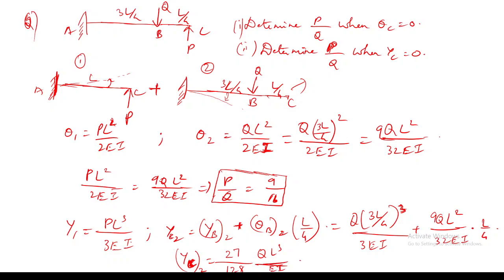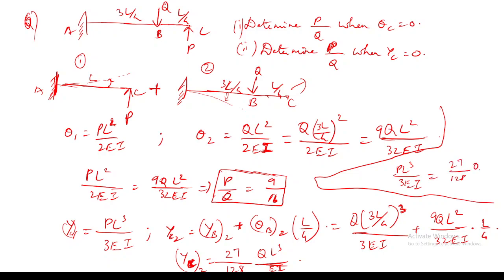So after this, I have to equate YC of 1 with YC of 2. That part I am doing here. So YC of 1 is nothing but PL cube divided by 3EI, which equals 27 divided by 128 QL cube divided by EI. So what is the P by Q ratio you are getting? 81 divided by 128.